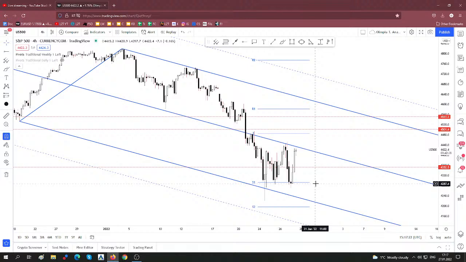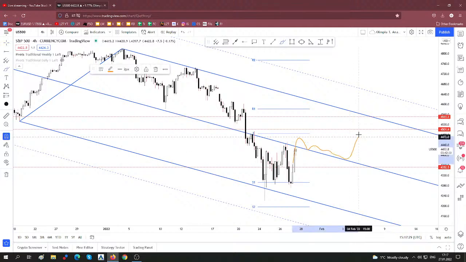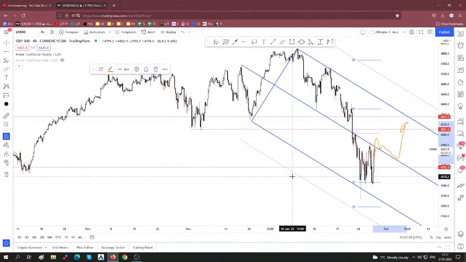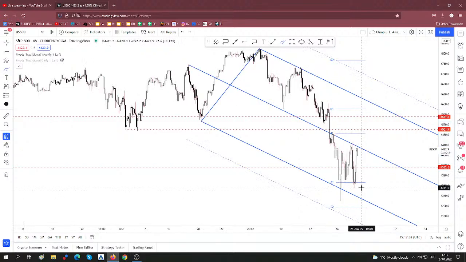Maybe here I want to see something like this, a valid breakout, test, retest here before jumping higher. Because as long as it stays below the medium line of the descending pitchfork, the bearish pressure is still high.